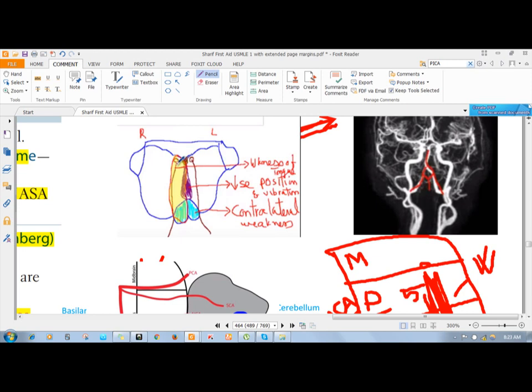Also you are going to have damage of your 12th cranial nerve nuclei, which is the hypoglossal nerve nuclei, and you're going to have a lesion involving the same side of the tongue. The tongue will be deviated to the same side, and you will see some fasciculations on the same side of the tongue.